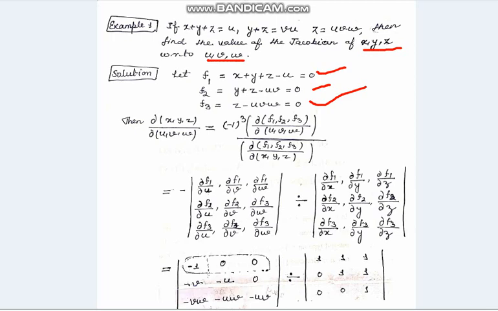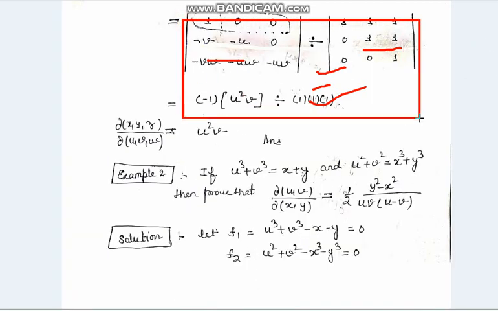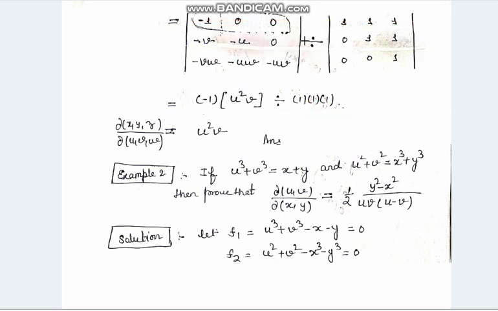After solving this determinant, if we expand along the first row we get minus 1, and leaving this row and this column we get this into minus this, so u square v. Again, the determinant of this matrix is plus 1, so its value is u square v. Here the minus sign is also there.